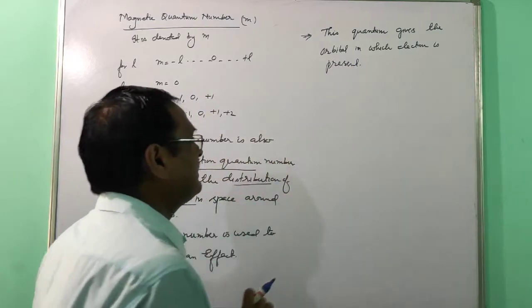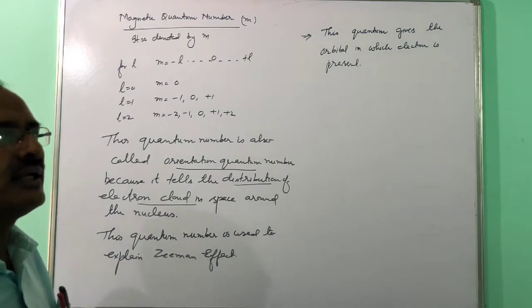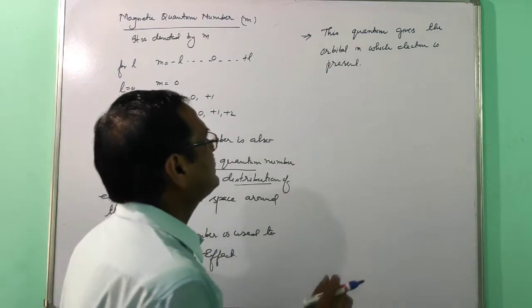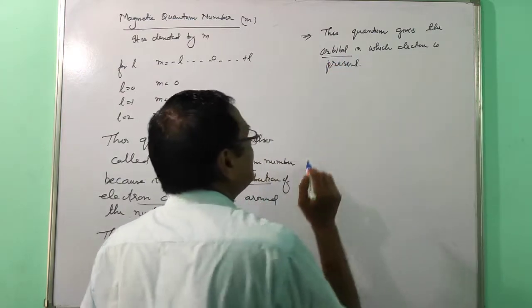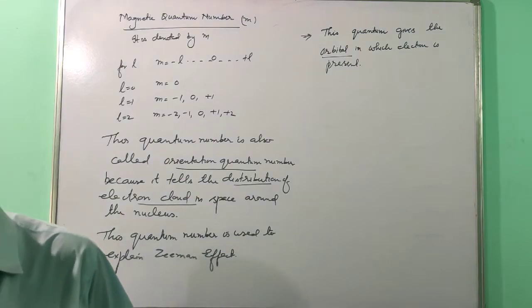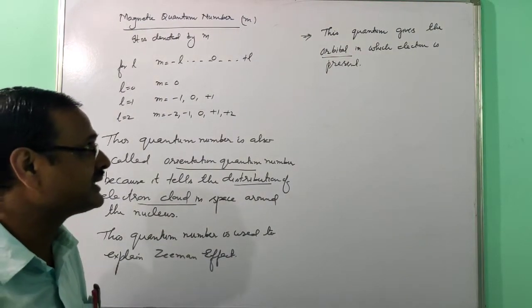You have studied that the principal quantum number gives the cell, then the azimuthal quantum number gives the subcell, and this one gives the orbital. So by the knowledge of this quantum number, you can know in which orbital the electron is present.